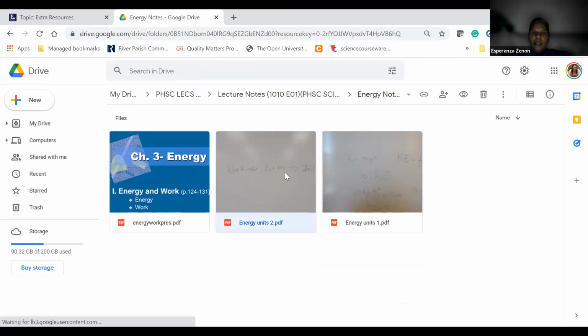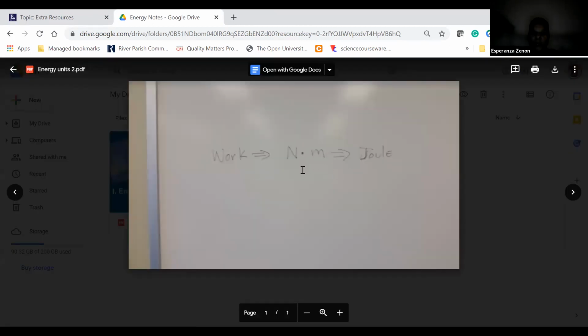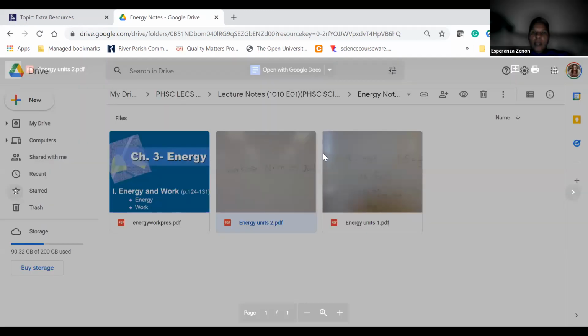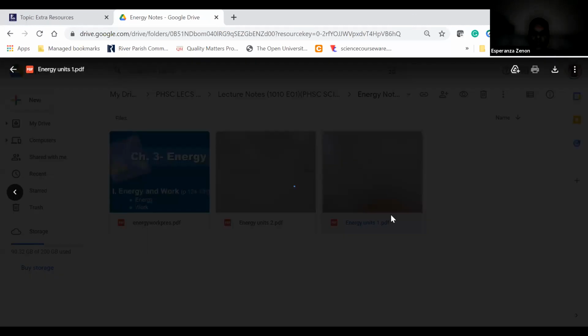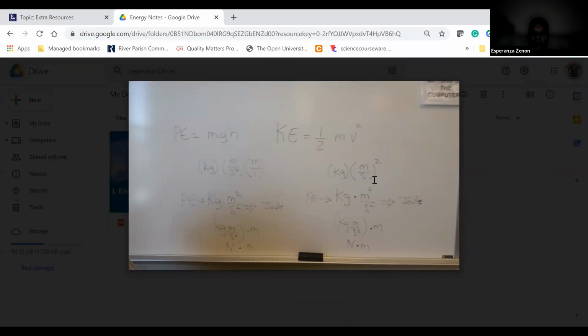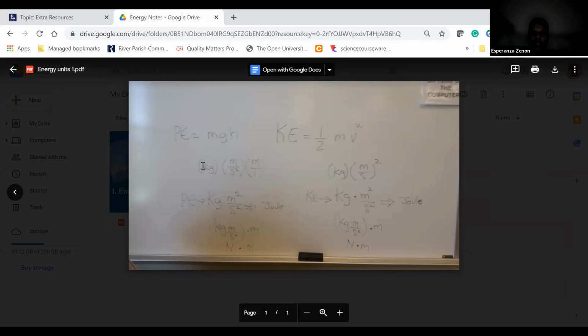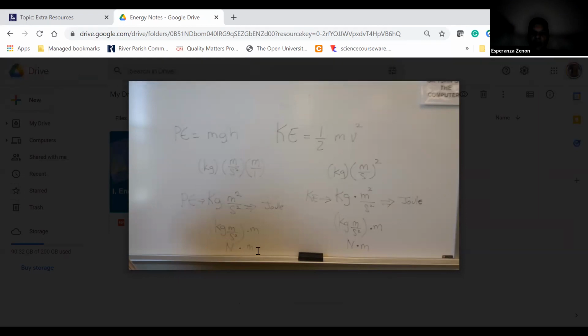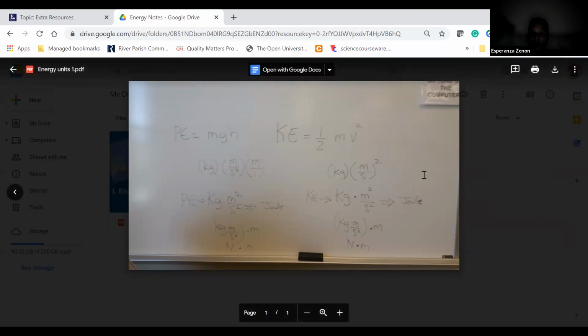And this kind of shows you how to break down units. For work, you're using Newton meters and you get a joule. And then I show here the formula for potential energy, the formula for kinetic energy, and I break the units down for you and show you how each of them winds up being a Newton meter, which is a joule.